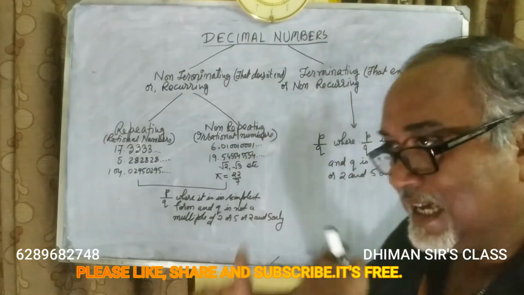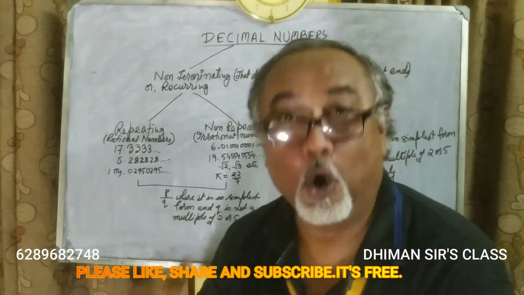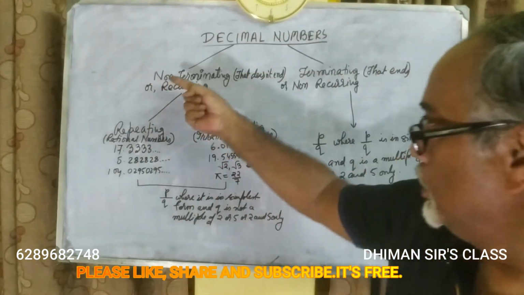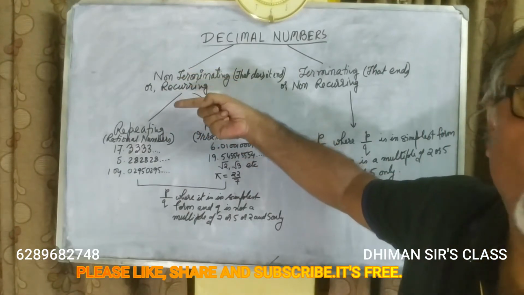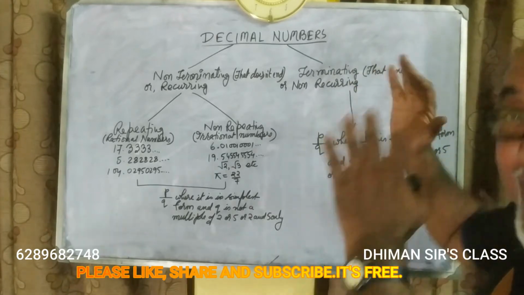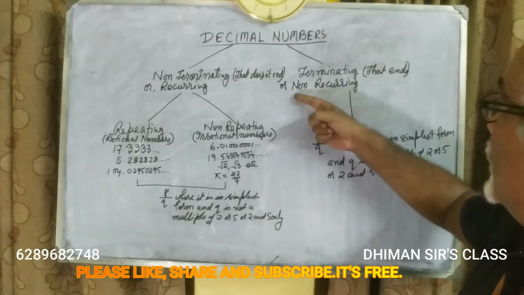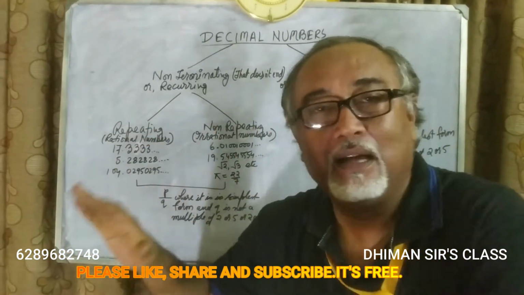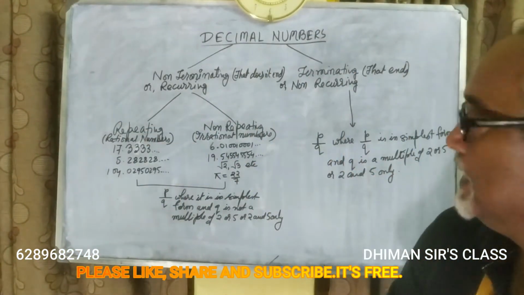Recurring means it continues. Non-terminating also means it doesn't end, it continues. So it can be called by two names. Same here also. Terminating means it ends, and non-recurring means it's not repeating, it will come to an end. Clear?